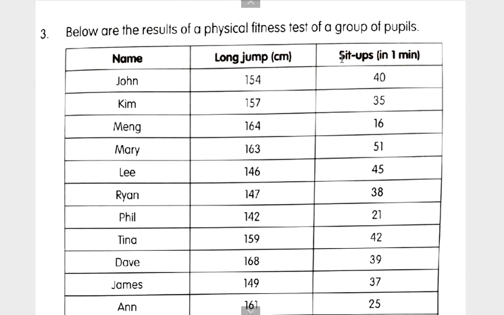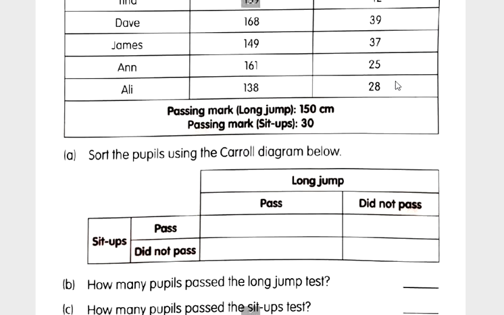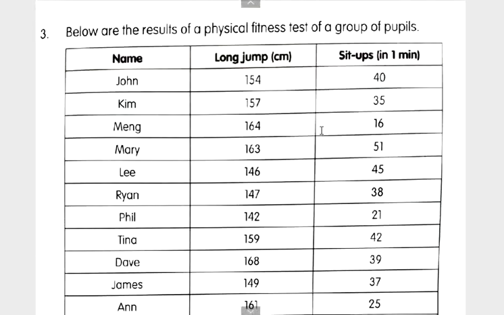Then in the third column we have how many sit-ups in 1 minute. Then passing mark for long jump 150, passing mark for sit-ups 30. The result of a physical fitness test.